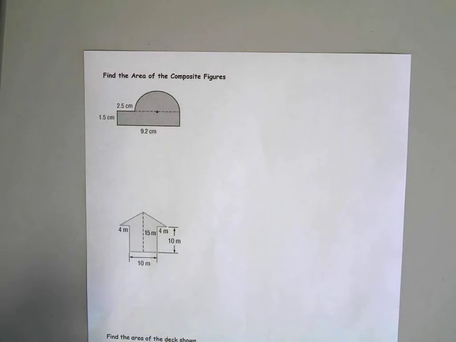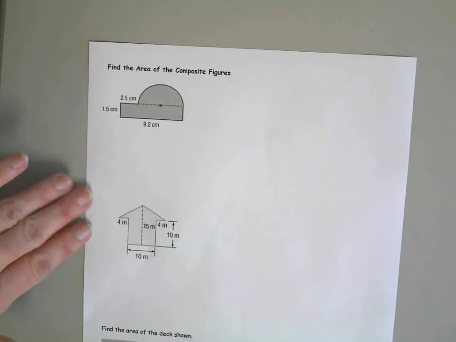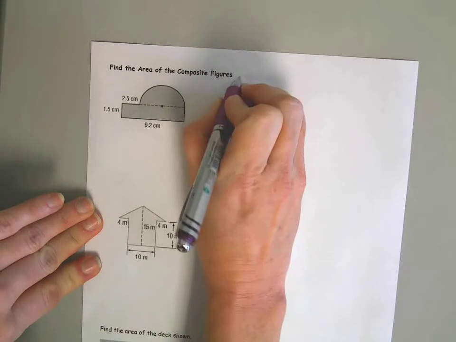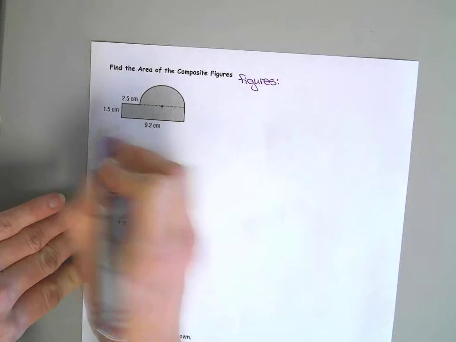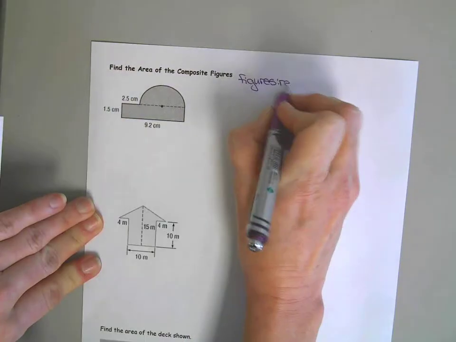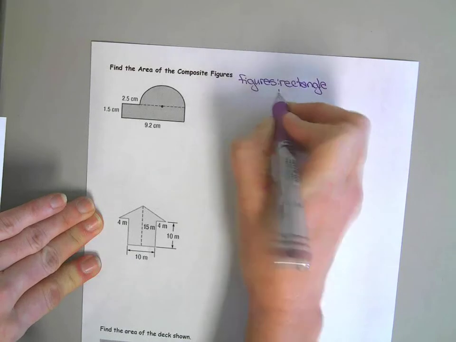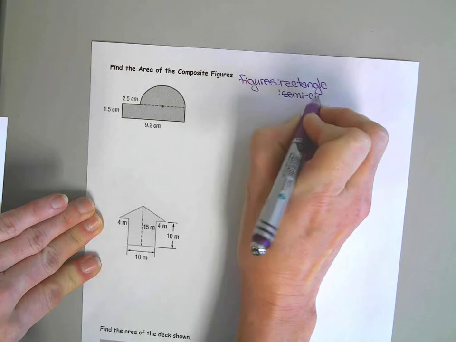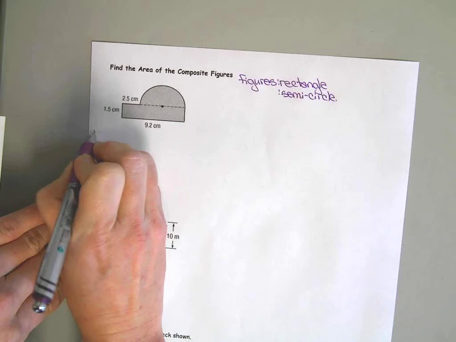So we'll work through another one together. The first thing we need to do is figure out which type of figures we're dealing with. Here, we have 2 figures. We have a rectangle, and we have a semicircle. So we know the formula for a rectangle.